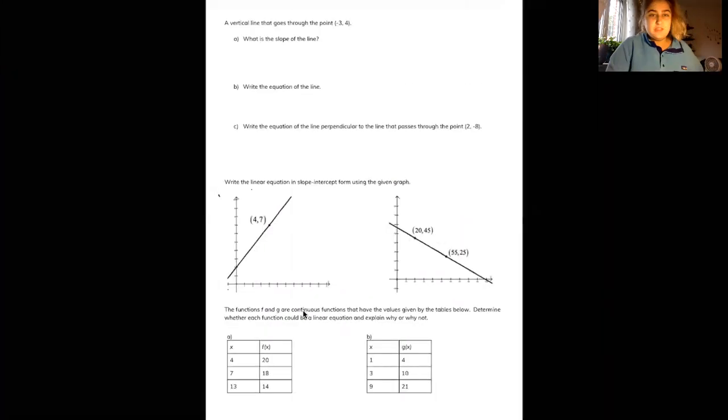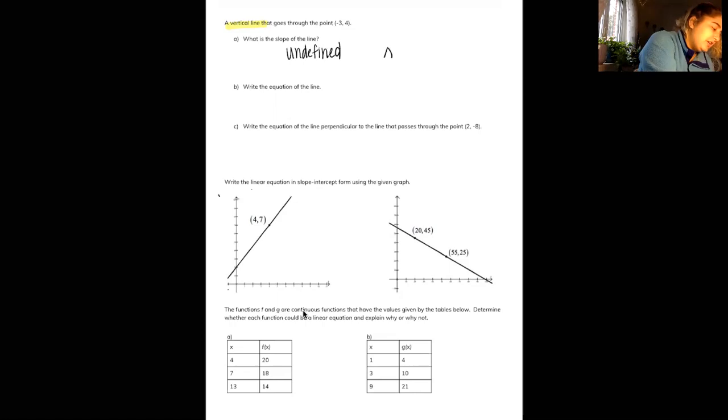And so this question I think is a little tricky because I'm trying to trick you. I want you to understand what the definition is of the things I'm asking. So a vertical line that goes through the point -3, 4, right? So I care about what the slope of that line is. When we talk about a vertical line, I basically just give you the answer, right? So the vertical line always has a slope of undefined. So if the line is vertical, the slope is undefined, right?